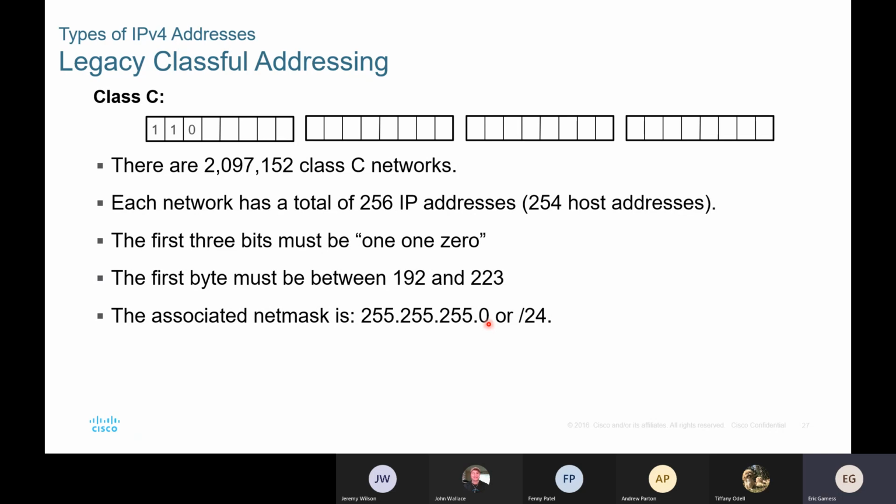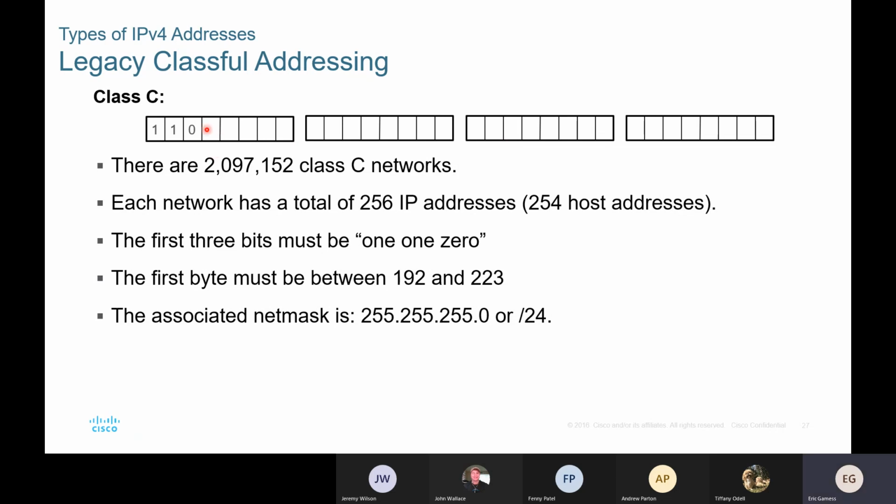Now, if I ask you, how many class C network can we create? What will be your answer? Correct. Why to the power 21? Because all these 21 bits are free for me when I do network.